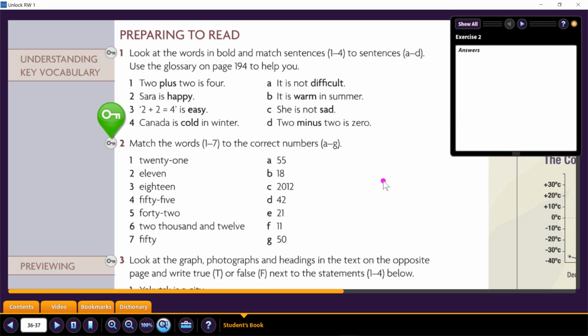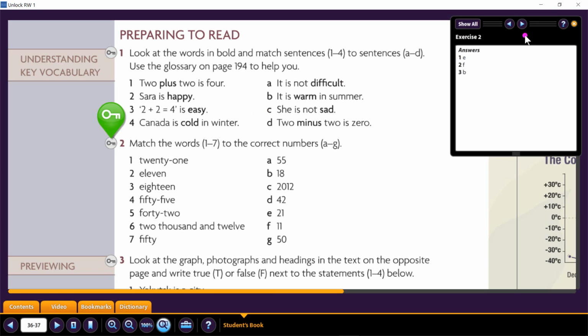21. Which one of these numbers is 21? What do you think? E. So 1 with E. Number 2, 11. Do you remember? Please remember the N sound. So 2 with F. 3, 18. Do you remember the teen numbers? So 3 with B. 55.